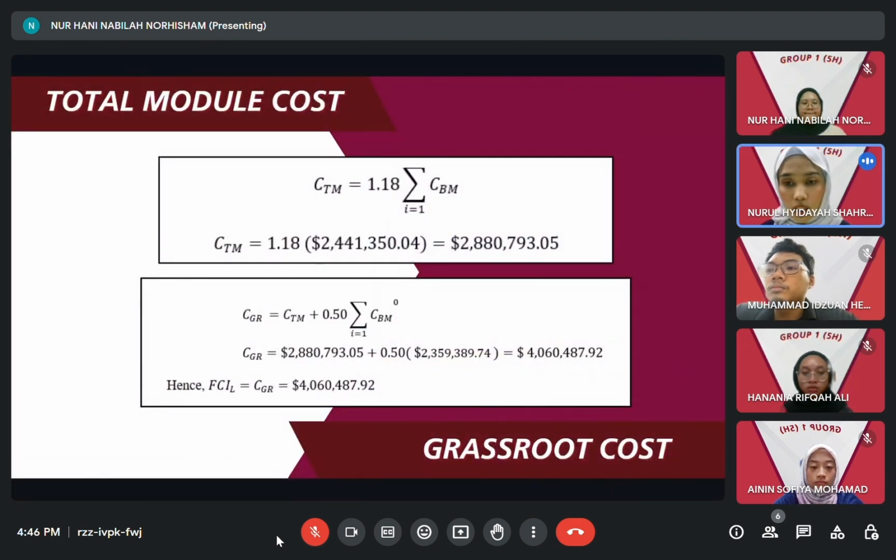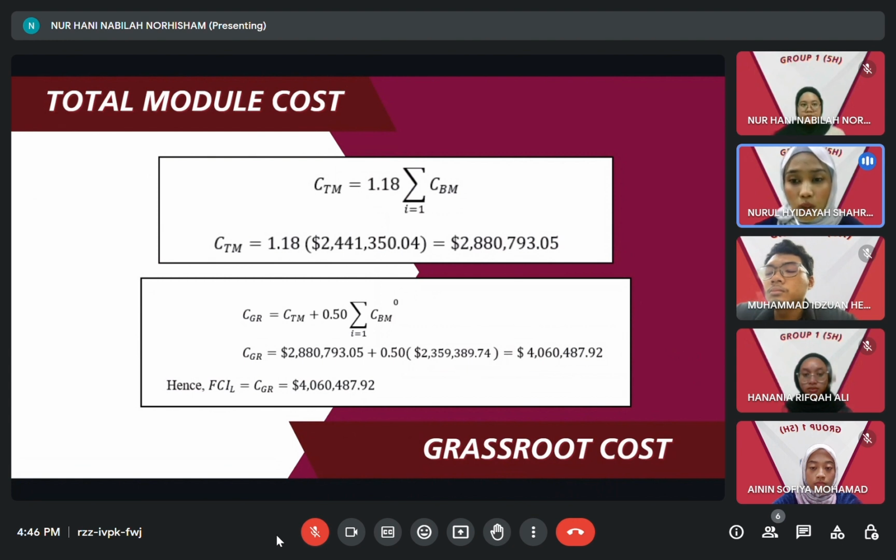Okay, next is total module cost and grassroots cost. These two costs are important for our plant to estimate the total capital cost. So the total module cost for this production is 2,880,793.